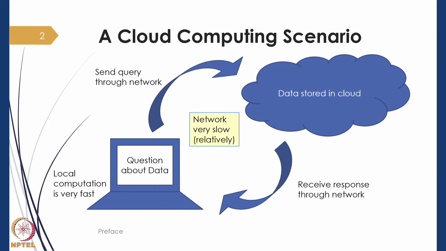One scenario that motivates property testing is as follows. We often have data stored in a cloud far away from the actual computer that performs computation. So this is one scenario that clearly motivates property testing. We have data.